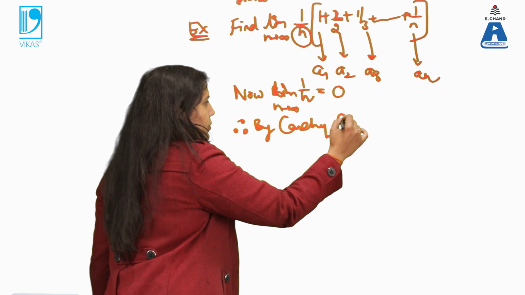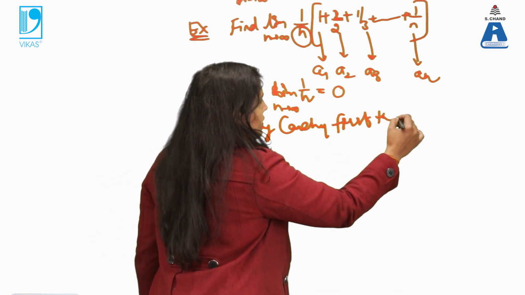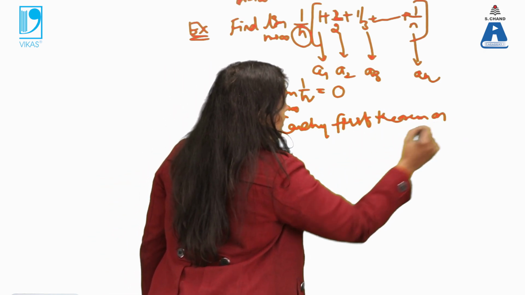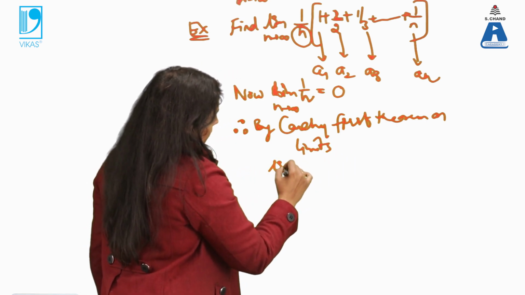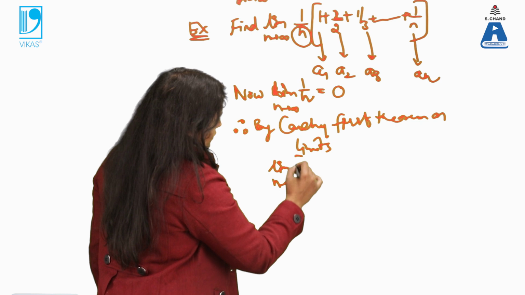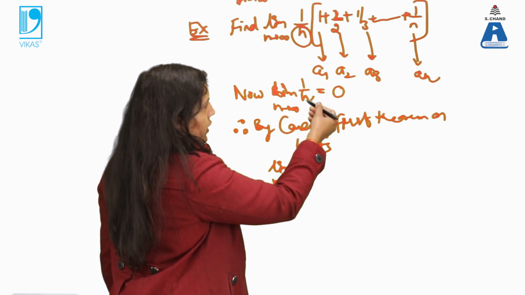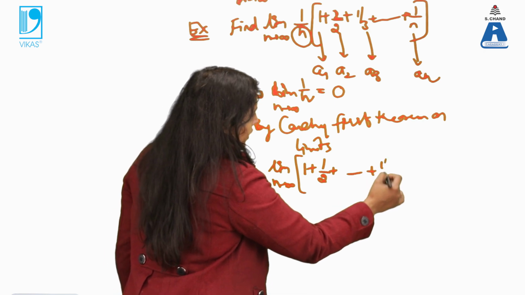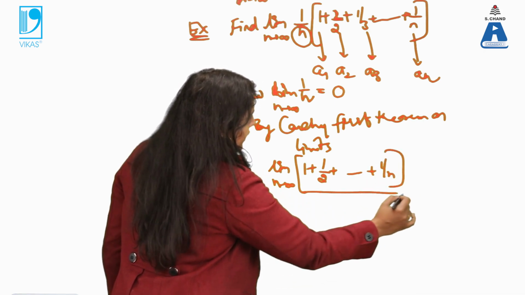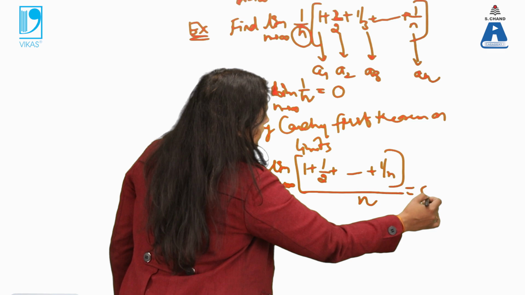1 by n is 0, therefore by Cauchy's first theorem on limits, the limit as n tends to infinity of the first term, which is 1, the second term 1 by 2 and so on up to the nth term, divided by n, will be 0.